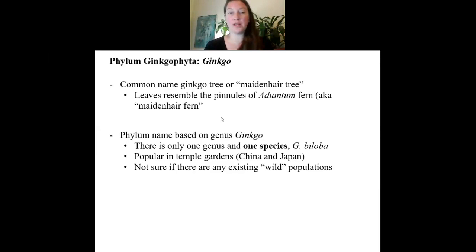Very popular in temple gardens. And even though they're popular in temple gardens and a popular street tree, we don't currently know if there's any wild population. So all of the ginkgo trees that are known of are ones that people have planted and cultivated. So there's likely no wild populations left.